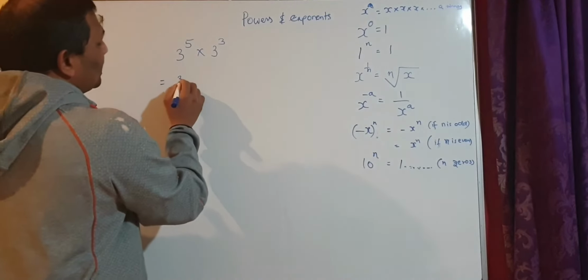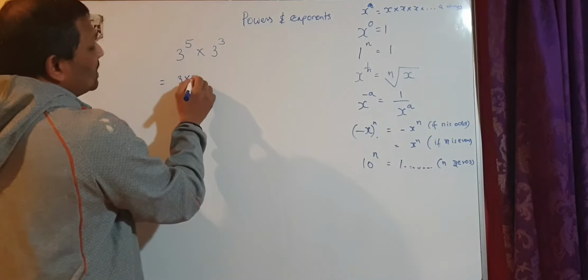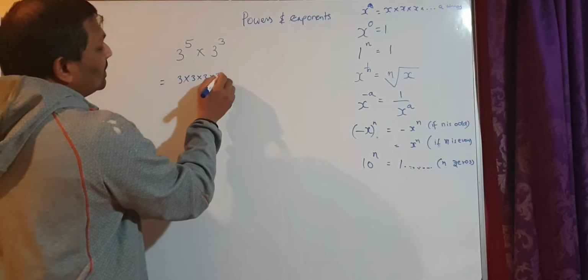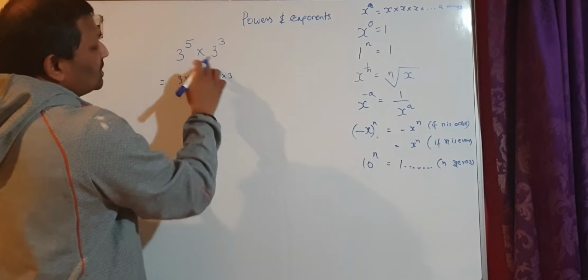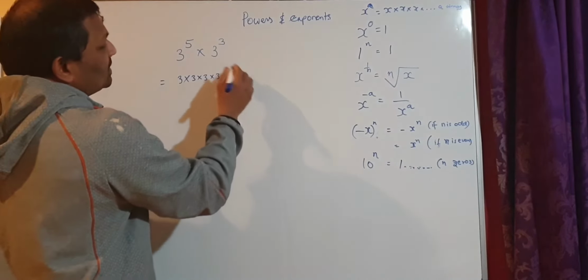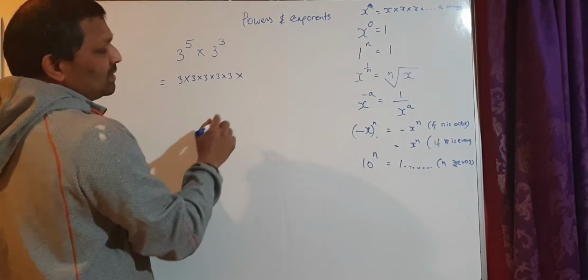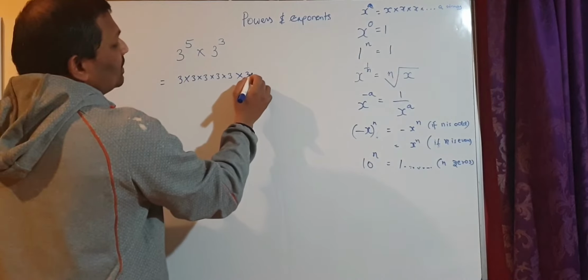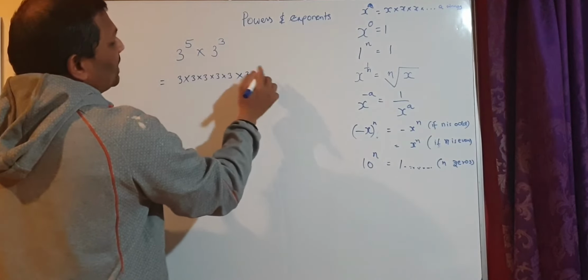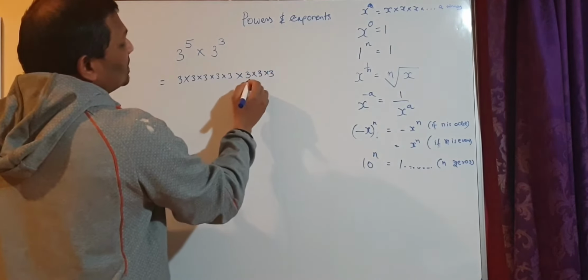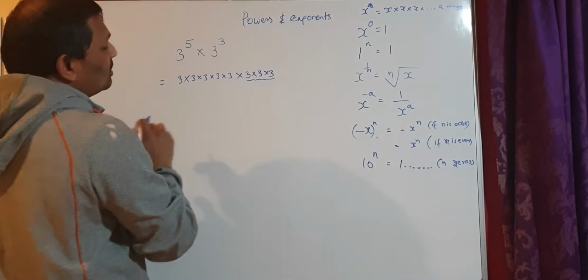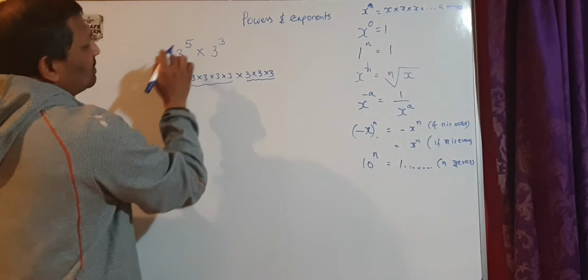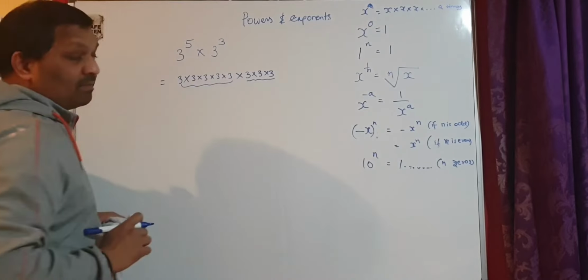The way it should be calculated is 3 to the power of 5, which means that you need to multiply 3 by itself 5 times, and there is also a multiplication here. And 3 raised to the power of 3, which is also called 3 cube, is calculated as 3 into 3 into 3. So this part belongs to 3 to the power of 5, this part belongs to 3 cube, and we have a multiplication in between.